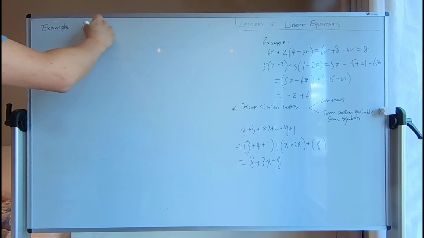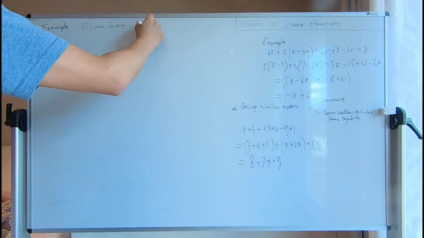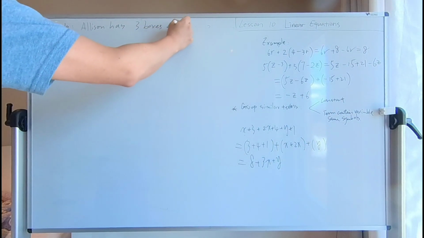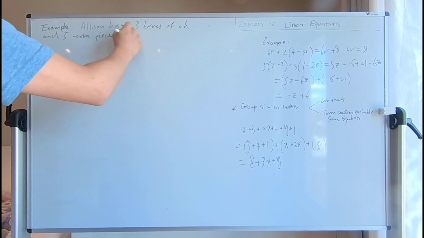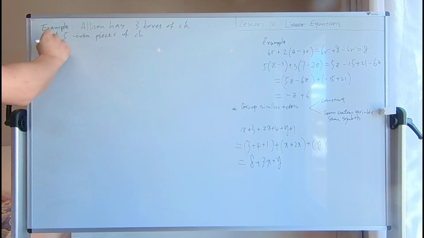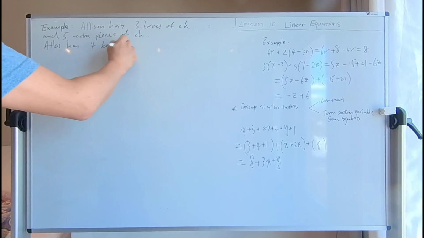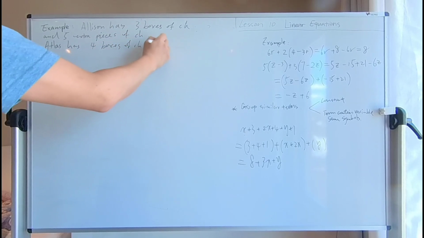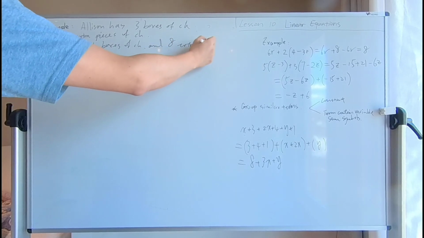So Allison has 3 boxes of chocolates and 5 extra pieces of chocolates. Now the other person, Atlas, has 4 boxes of chocolates and 8 extra pieces.